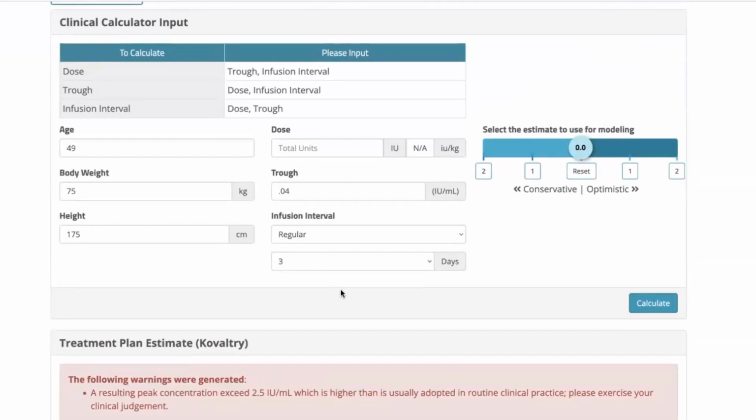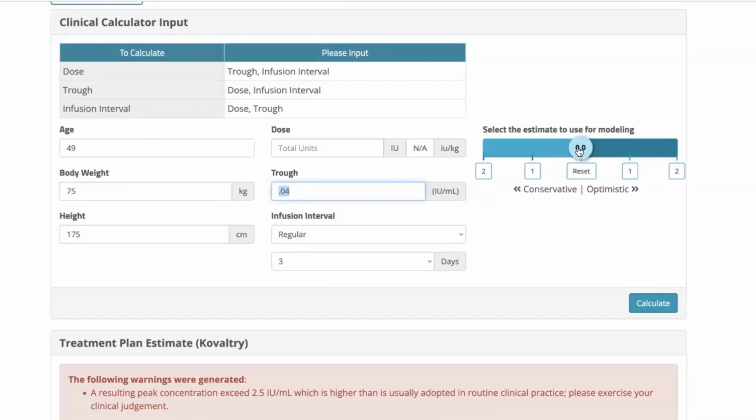Now, this was a patient that was bleeding, okay? And so we really want to use the best guess. But say this was a patient not bleeding. He was on Monday, Wednesday, Friday, 2,000 units. He was not bleeding, doing well. And now he asks you, is there any dose that I can take every 3 days with a reasonable expectation not to bleed?